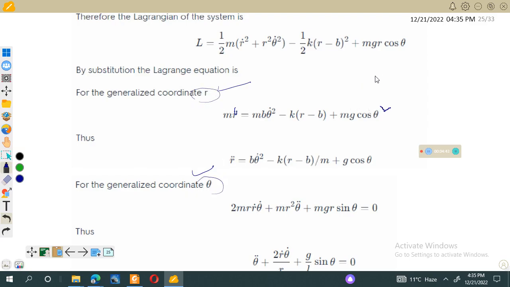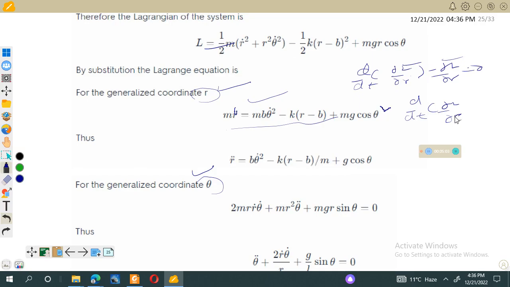So we need to put this Lagrangian into two equations. First, d over dt of partial L over partial r dot minus partial L over partial r. When we put this Lagrangian into these equations, it gives this equation of motion. And for theta, d over dt of partial L over partial theta dot minus partial L over partial theta is equal to 0.